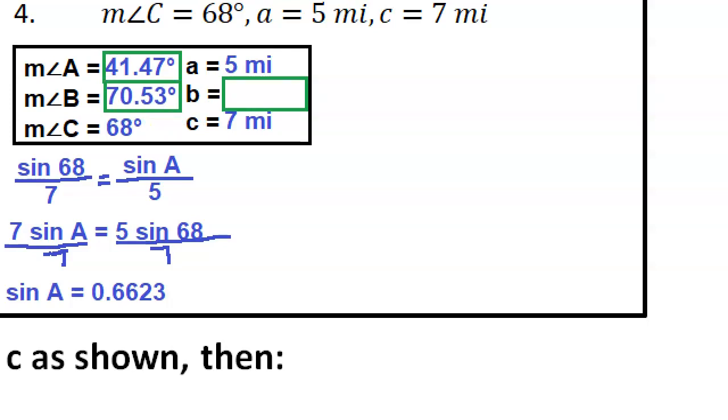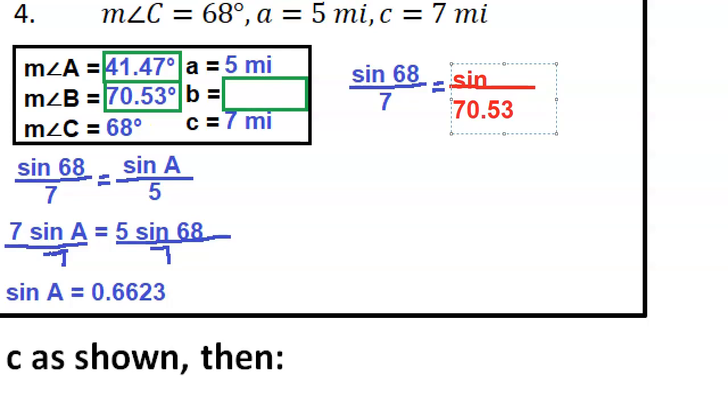And now we can just figure out the last little bit of information here. We're going to use the same setup that we did for the first half of our problem, sine of 68 over 7. And then we're going to put it equal to the very last thing that we need to know, sine of 70.53 over little b.